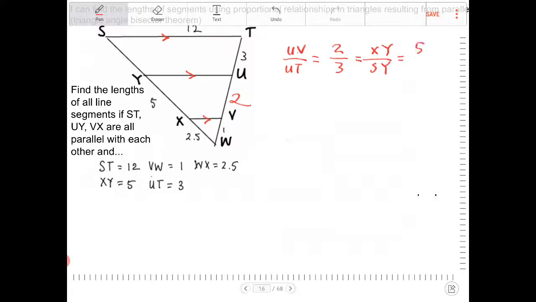It's 5, right? And the goal is to find out what SY is. So I can say that 5/2 is equal to 5 over SY. SY, therefore, is equal to 15/2, which is 7.5.